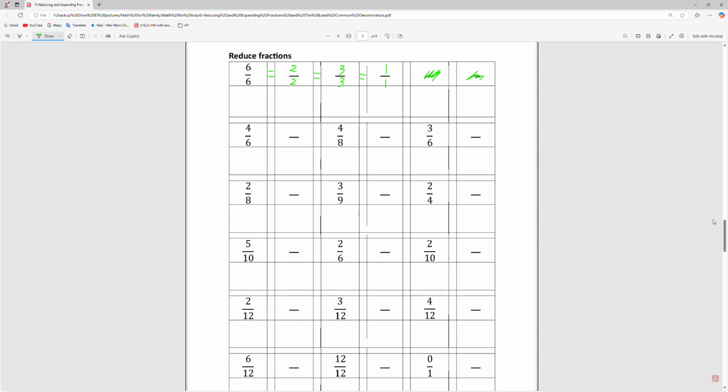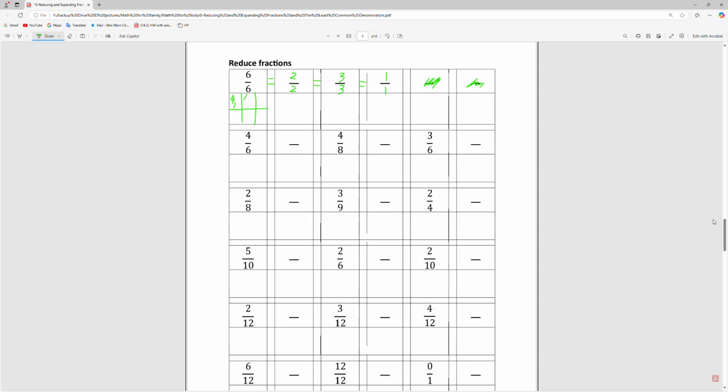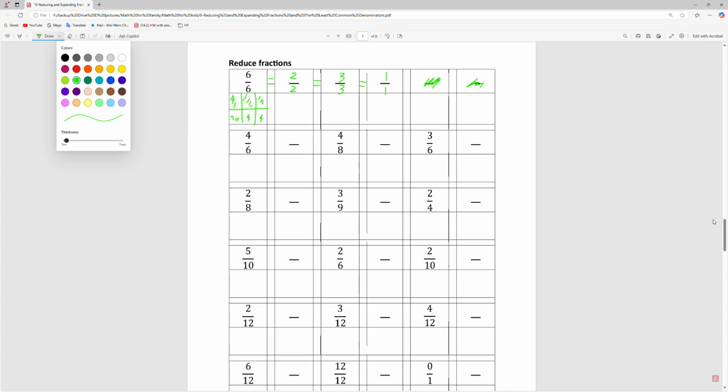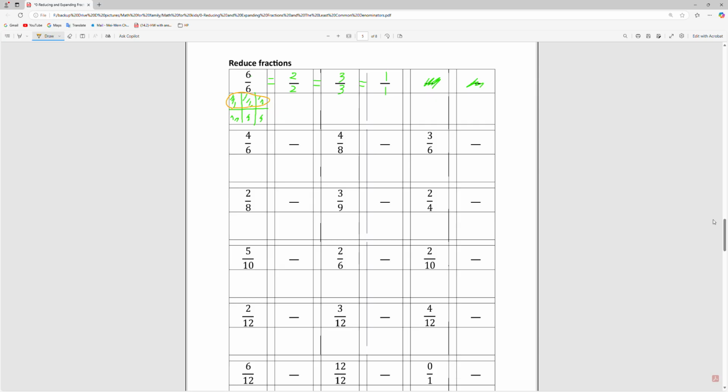And you can draw a picture: 6 over 6, divided by 2, 3, and 1, 2, 3, 4, 5, 6. Okay, and then 6 over 6, you can consider it as 2 over 2.